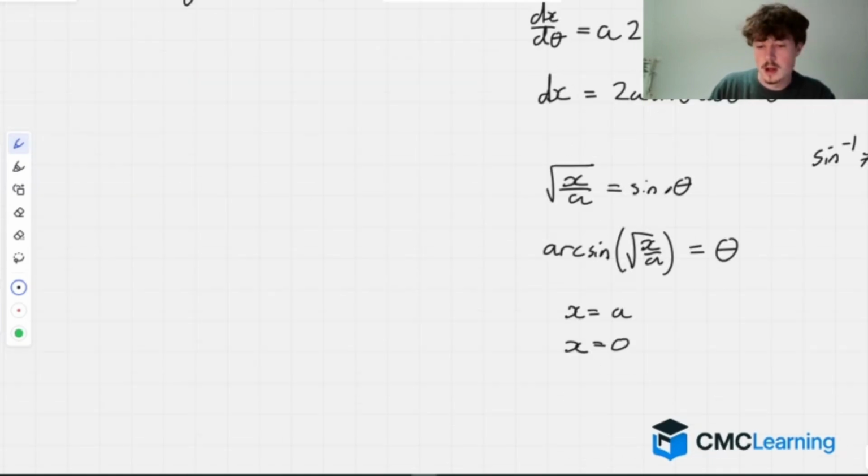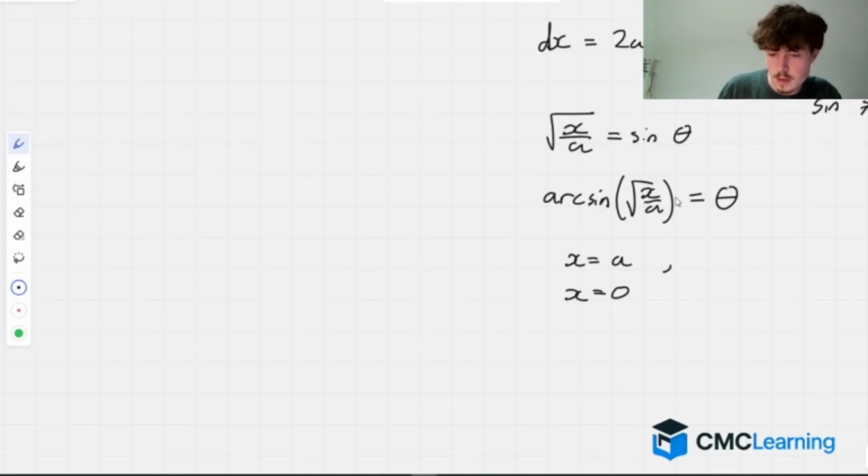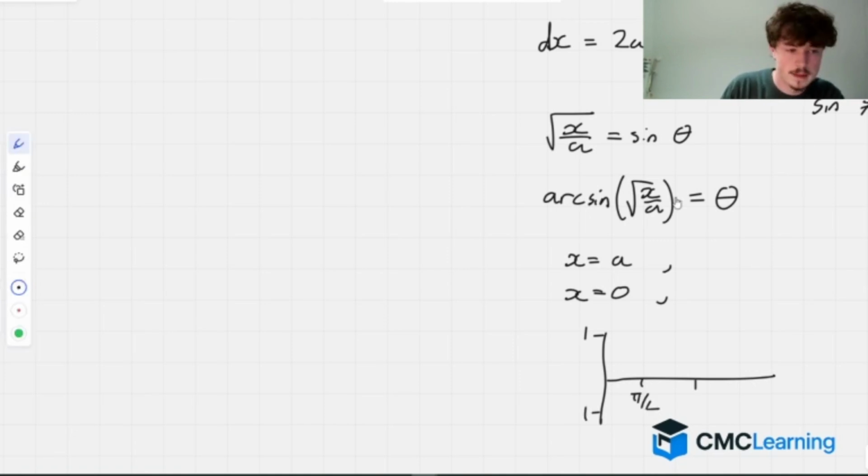To work out what both of these are, we can draw a sine diagram here, where the limits are 1 and minus 1, and we have pi over 2, pi, 3 pi over 2, and 2 pi. We can draw the sine curve as the following.